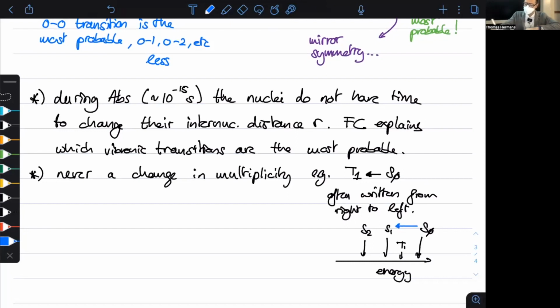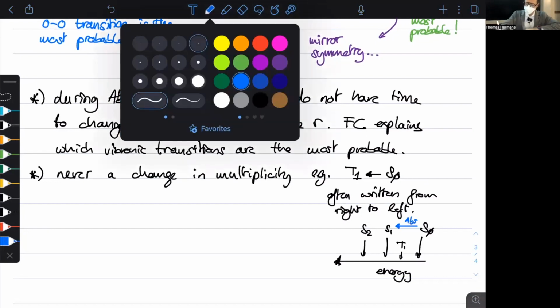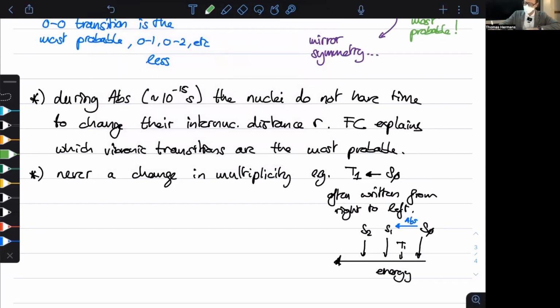Actually, this energy arrow should be the other way, sorry, because energy and wavelength always go in opposite directions, which is why it's confusing. So absorption in this depiction goes to the left and fluorescence goes to the right. Okay. So I'll try to use that same notation that is most commonly used.